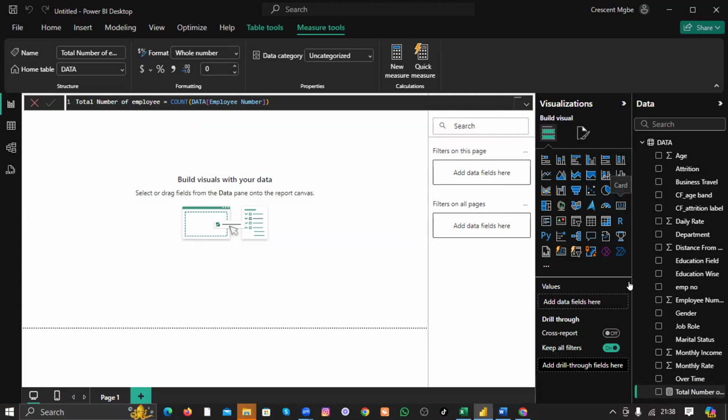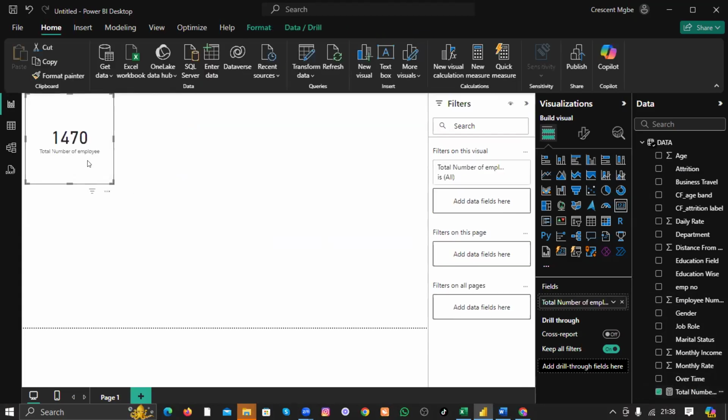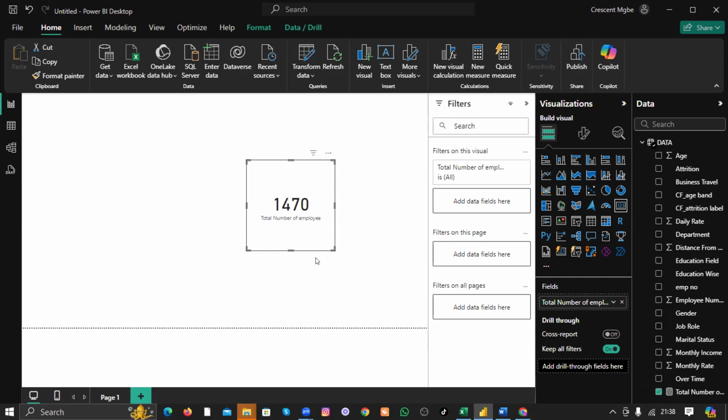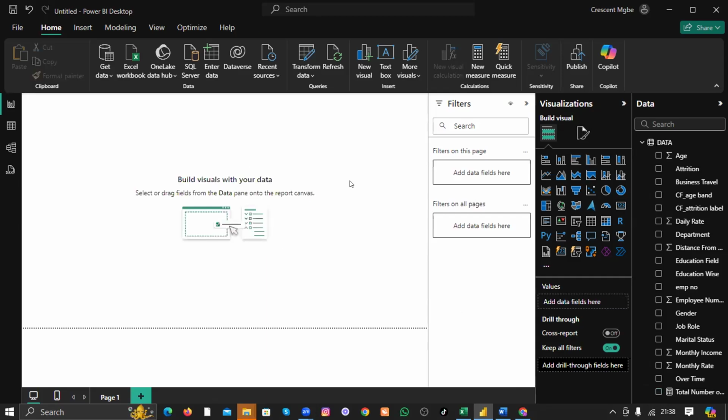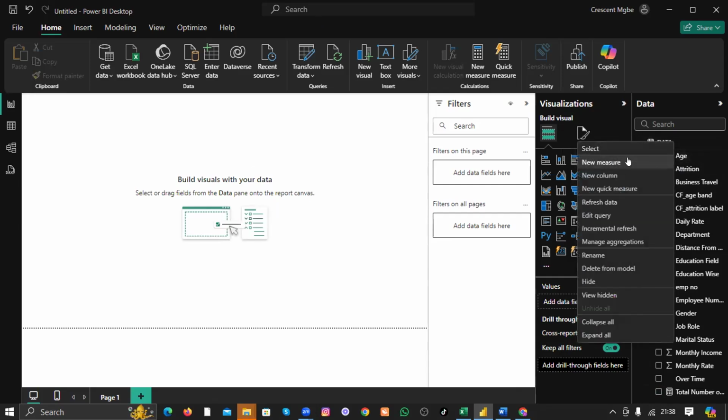If you bring up your card and call it, you're going to see that you now have total number of employees. Did you see that? Then we'll remove it. The next thing we need is another measure for the attrition, that is ex-employees. So I'll create a new measure again.